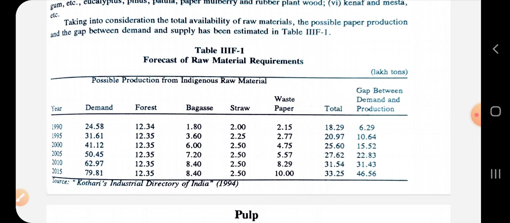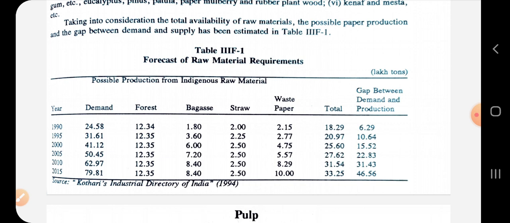Next we can see the table of consumption pattern of paper in our country. This is ranging from the year 1990 and this was the forecasted data up till the year 2015. As we can see, in year 1990 the demand was 24.58 lakh tons. These all digits are in lakh tons. But out of that, the total production of our country was 18.29 lakh tons.